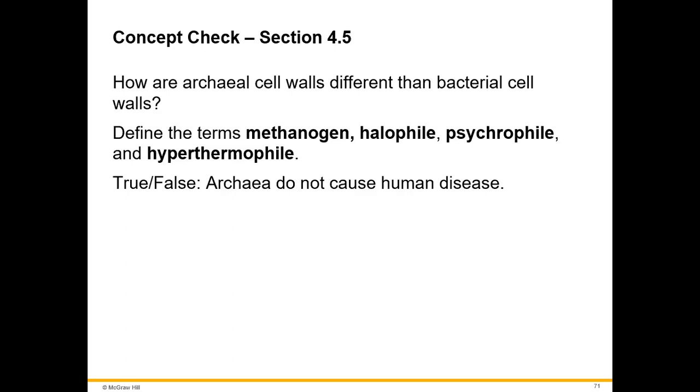They love a high salt concentration. Psychrophiles like very cold temperatures, and hyperthermophiles like very hot temperatures, above 80 Celsius. Do the archaea cause human disease? As far as we know, they do not.